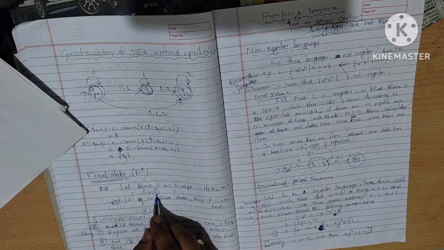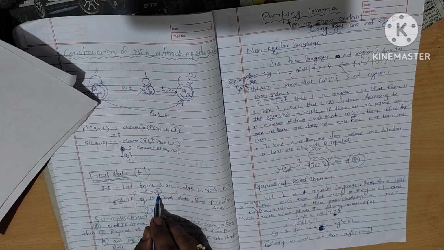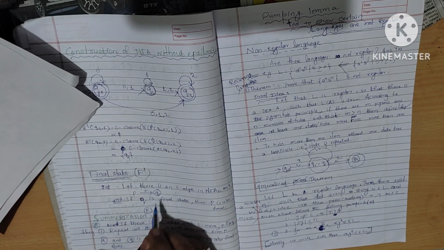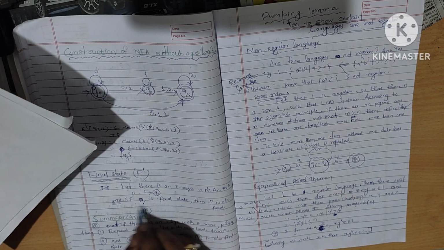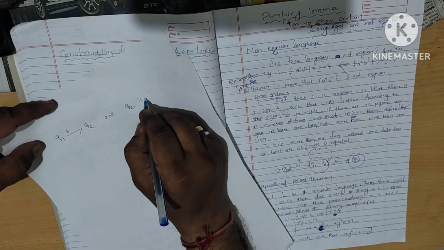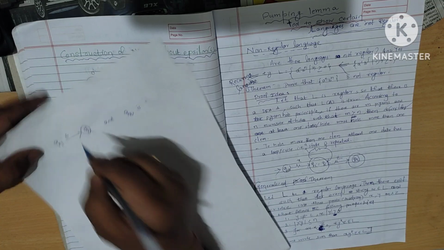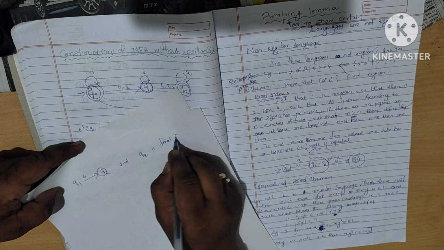So q is the final state here. There is a transition from p to q on epsilon, as well as q is the final state. So here q2 is the final state. You can see this figure.